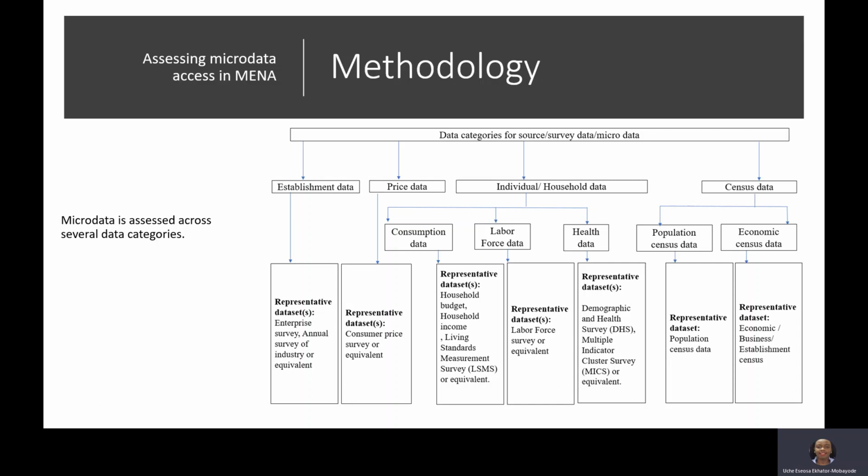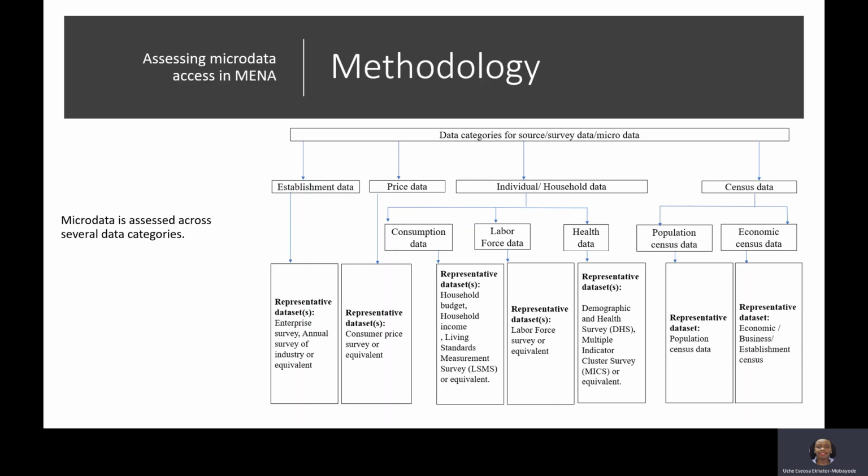In 2015, the Data for Development report recommends that countries derive their data from a total of 8 sources, which included census data, household surveys, agricultural surveys, administrative data, among others. Here in this paper, we focused on establishment surveys, price data, individual and household data, and census data.